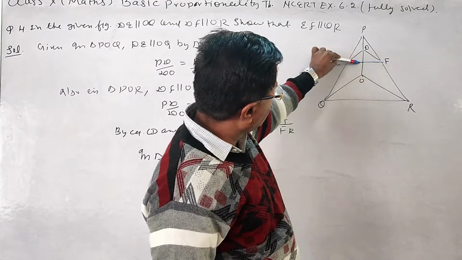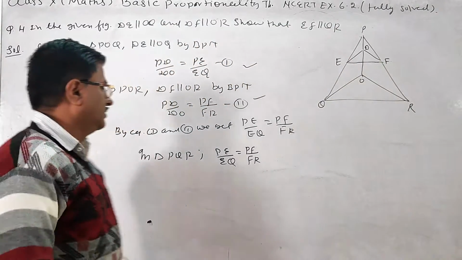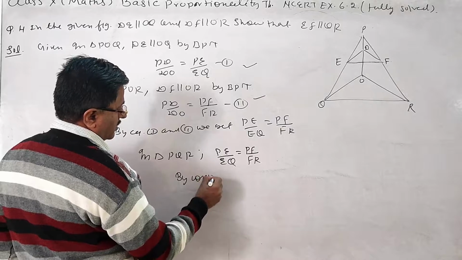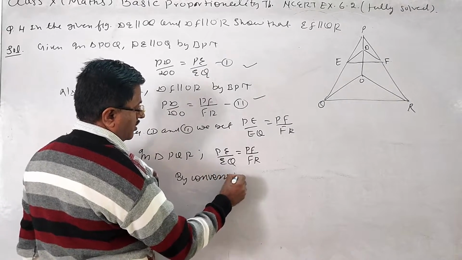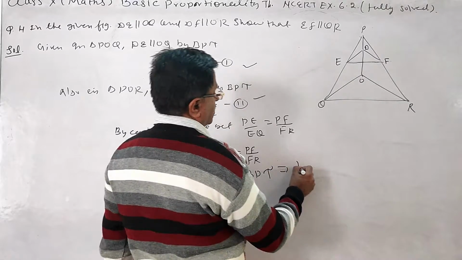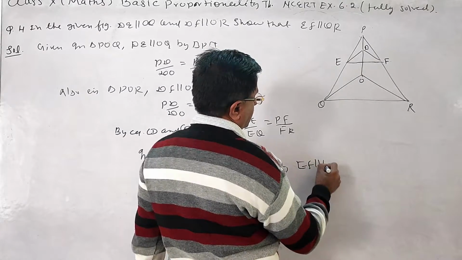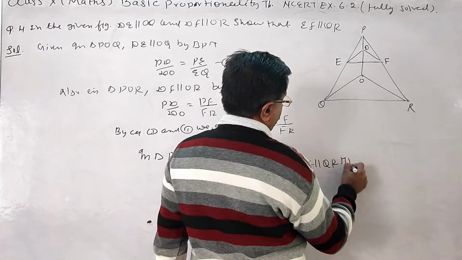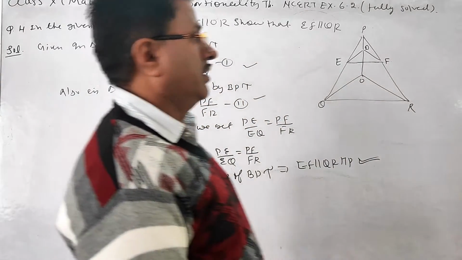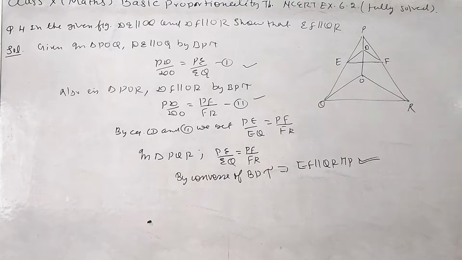So by converse of BPT, by converse of basic proportionality theorem, we get the result that EF is parallel to QR. Hence true. So in this way we can prove the result that EF is parallel to QR.